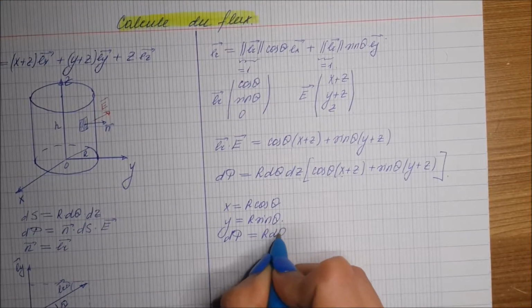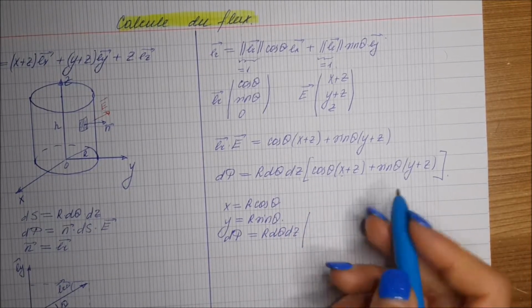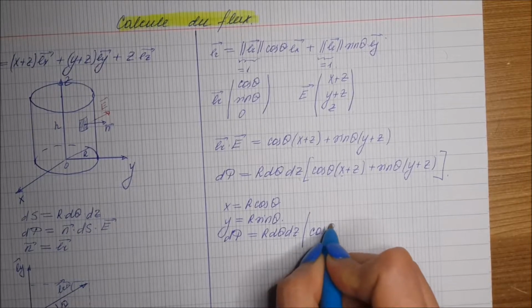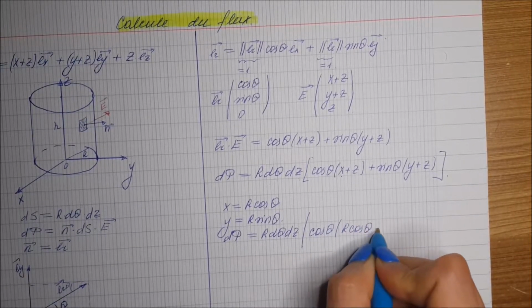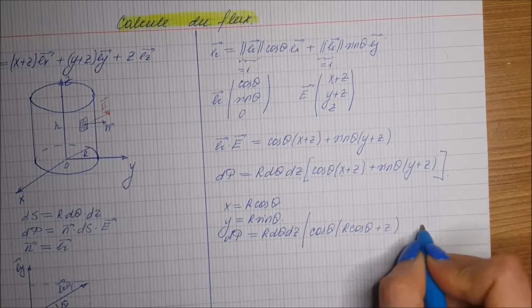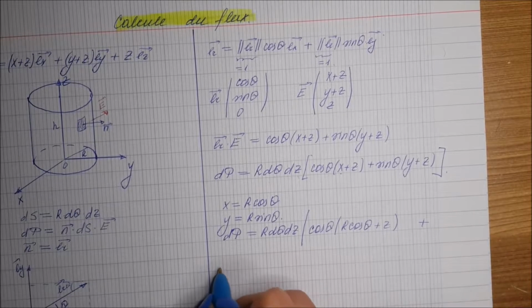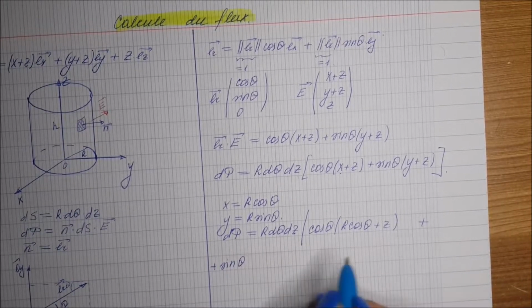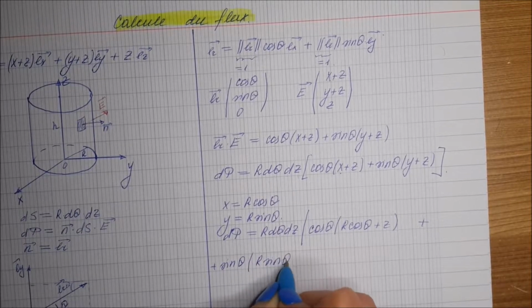And now I will replace x and y in the d phi expression. So I will have r d theta dz times cosine theta times (r cos theta plus z) plus sine theta times (r sine theta plus z).